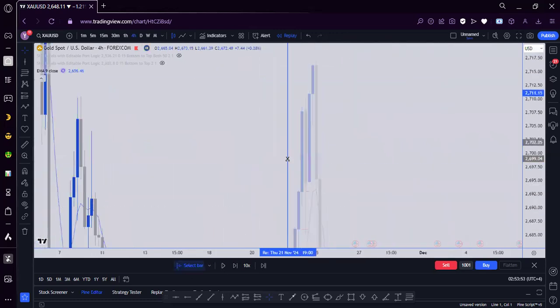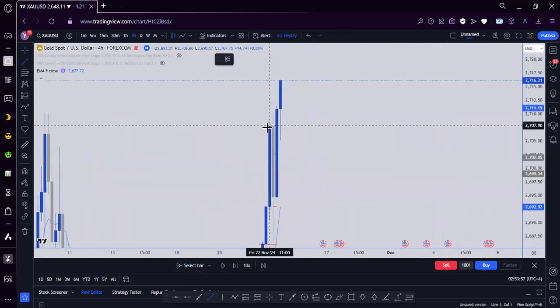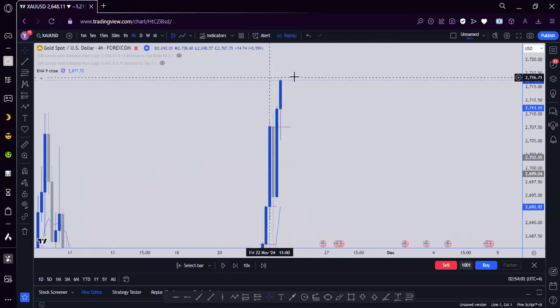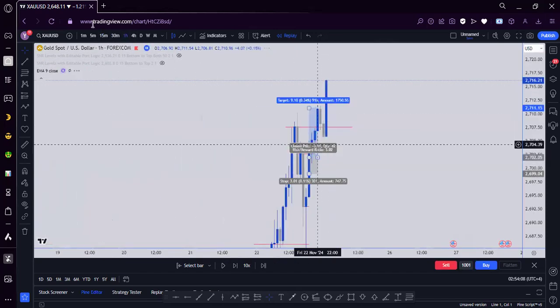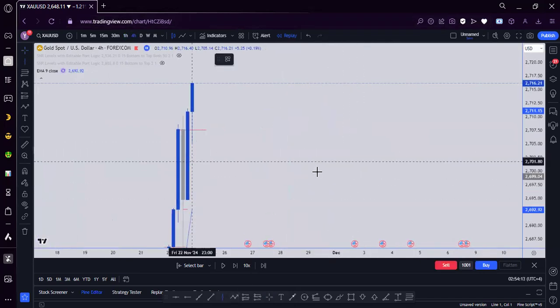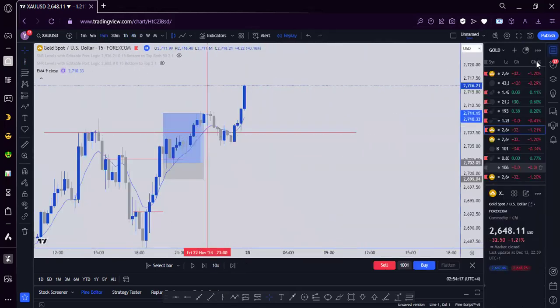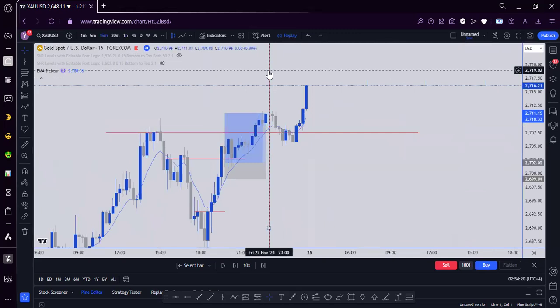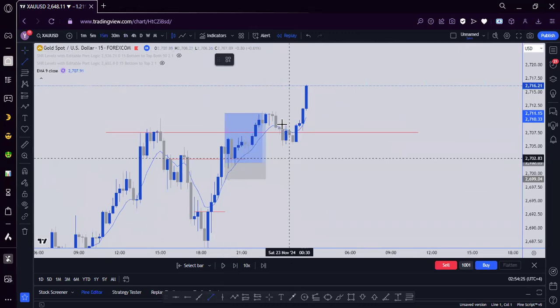This is the last 4-hour reject 4-hour before the price reaches the next fresh weekly level right here. Let's look, there is the last setup. The touch was right here, and we had our bullish breakout right here.